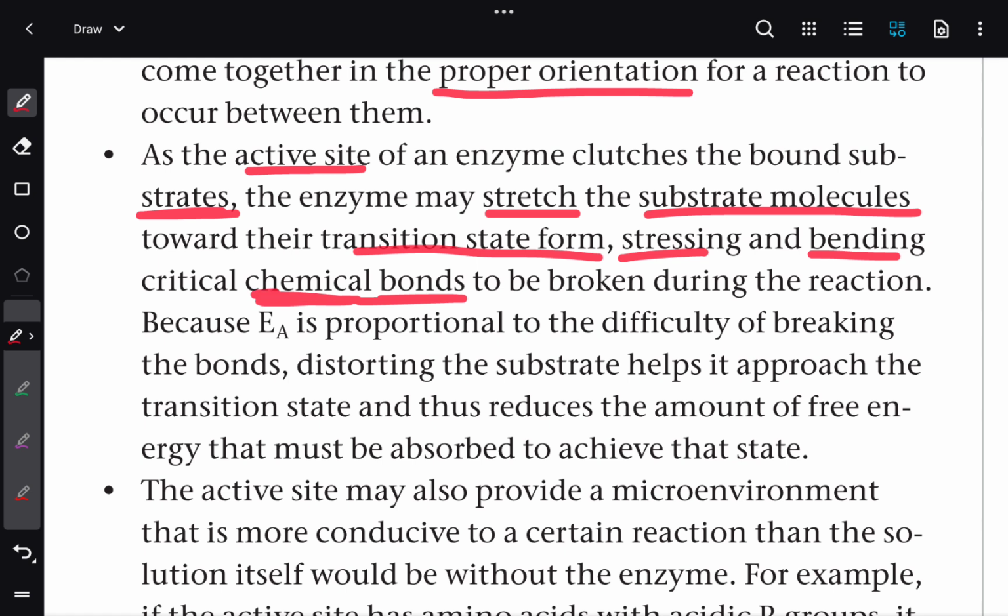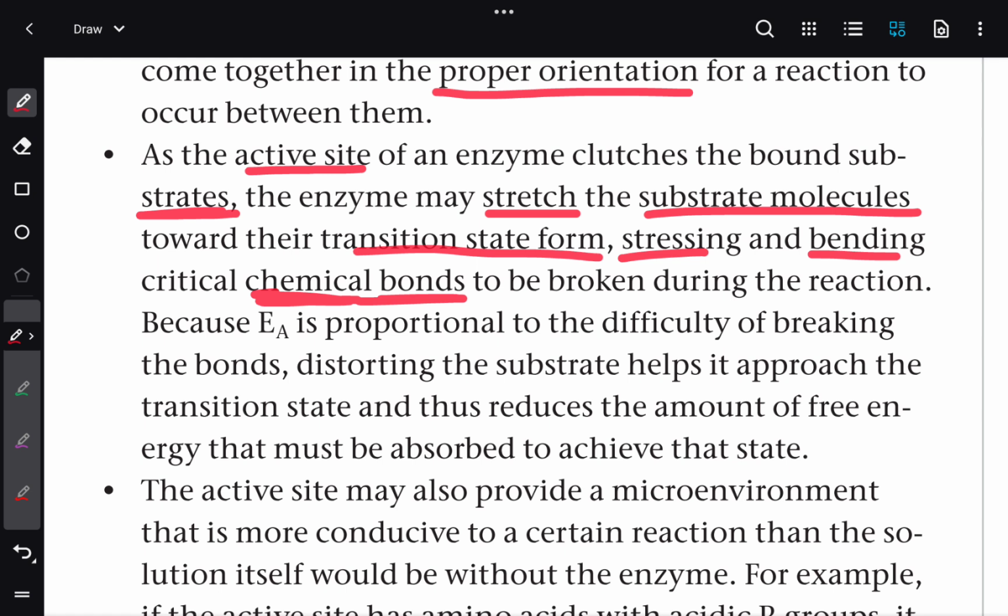So why is it important? Because stretching, increasing the distance within the intra-atomic bonds of a molecule, and bending it make the molecule less stable and more prone to change, more prone to react.